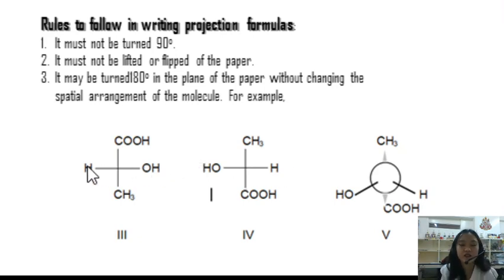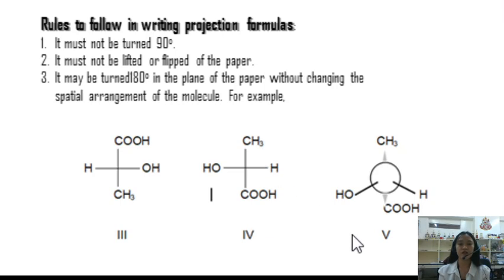Okay. So, you have hydrogen. You will turn it 180. So, napunta siya sa right side. Kita? And then, your hydroxide atom, 180 degrees. So, napunta siya sa left side. So, yan yung rotation natin, or the turning by 180 degrees.